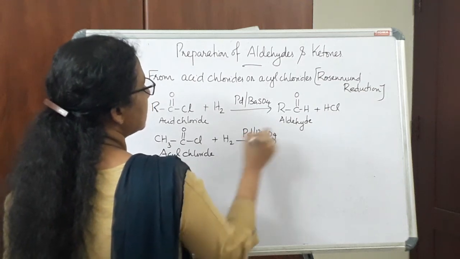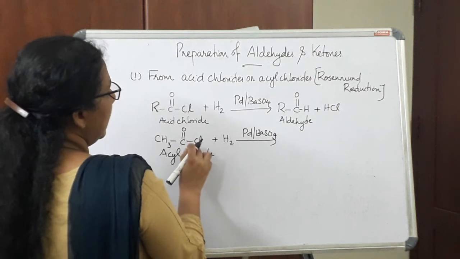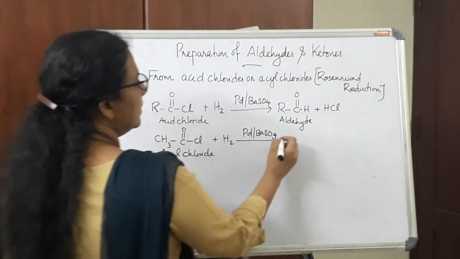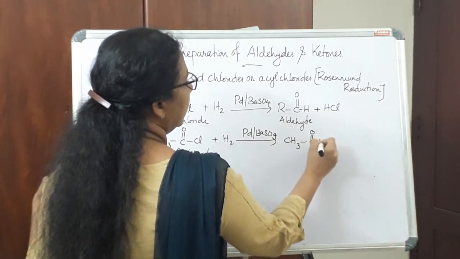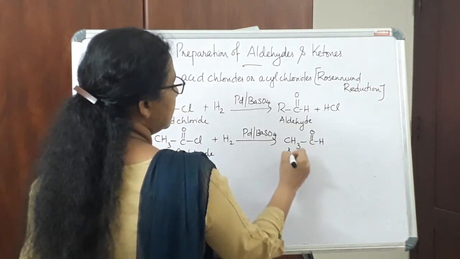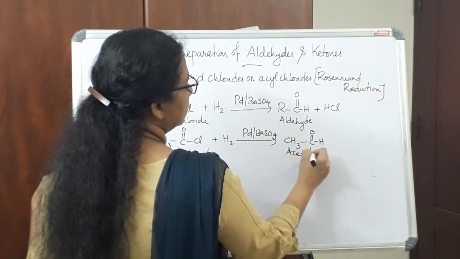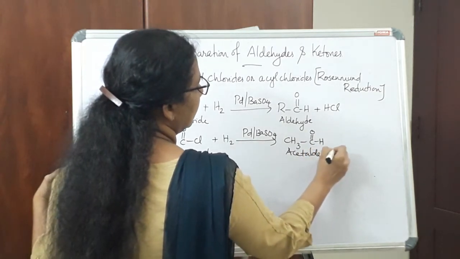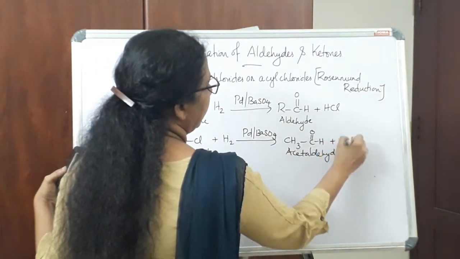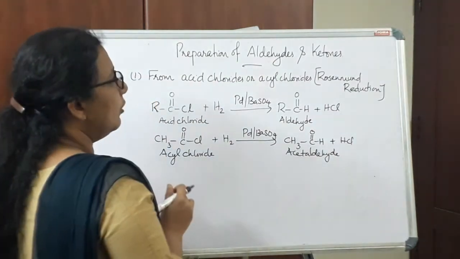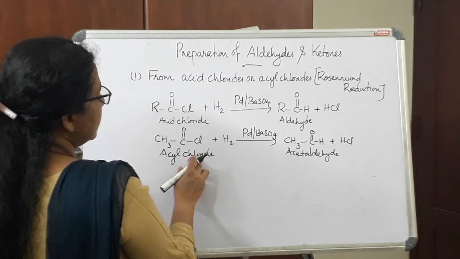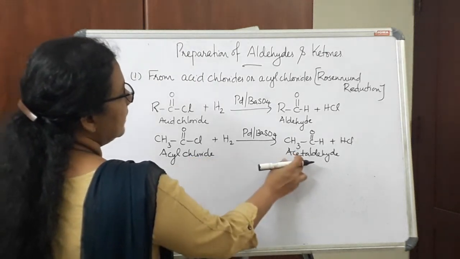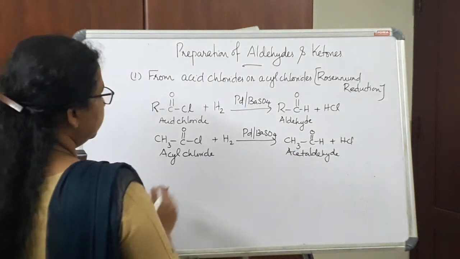A reduction reaction takes place, hydrogen is added and HCl will be eliminated and we will get the corresponding aldehyde. This is acetaldehyde. So this is an example of Rosenmund reduction. Acyl chloride is taken and we get acetaldehyde.